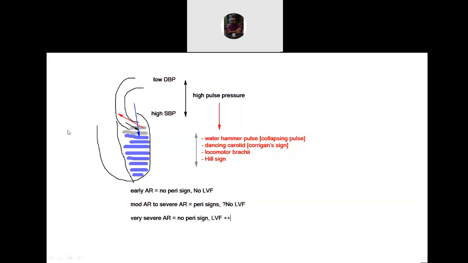If I give the other attributes of this murmur, let me erase this diagram first. So the murmur of aortic stenosis, the sound that is produced in aortic stenosis is typically described as a soft murmur, and it's a harsh murmur. So the quality is harsh.